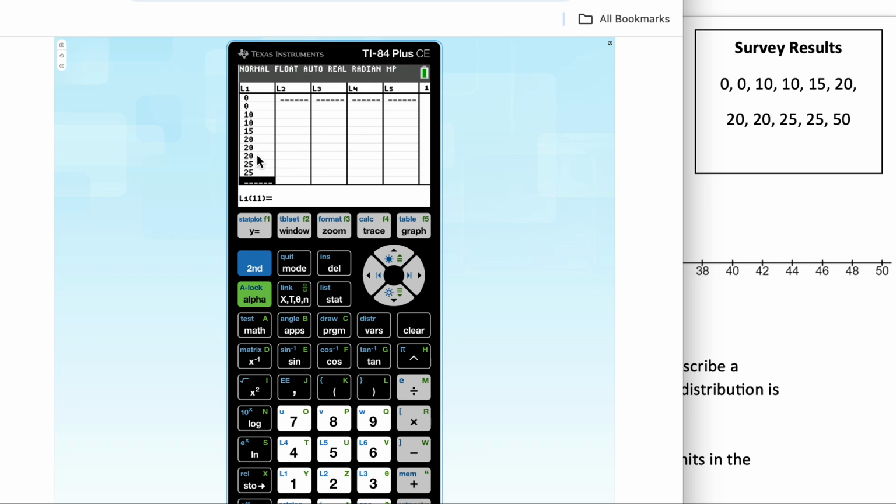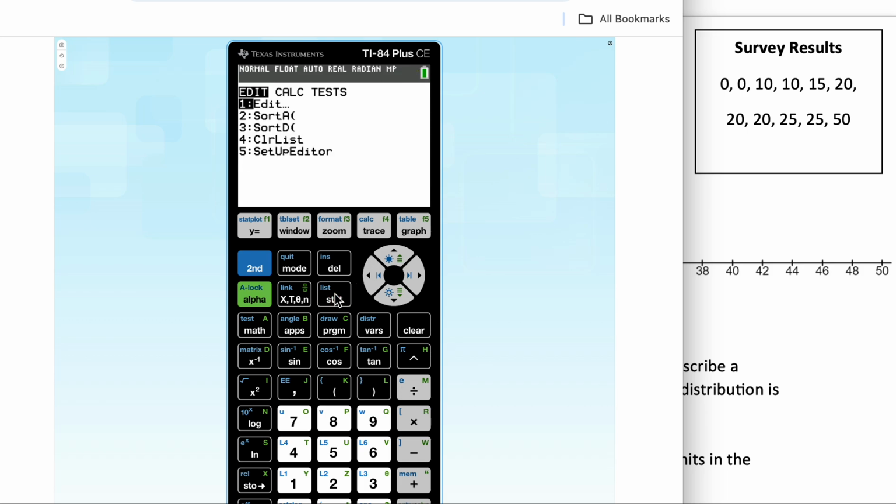Just want to make sure everything is going okay. Okay, and 50. Okay, enter. All right, now I'm going to hit stat again. Then I'm going to move over to calculate, and it goes straight to one variable statistics. So I hit enter. Then I hit enter to calculate.